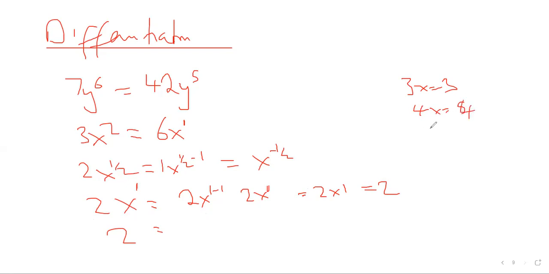And so on. 10x is 10. 1x, people really become confused, is 1. When we write x it is simply 1 because there's an invisible one there. So this is how the derivatives are supposed to be treated. So if you're dealing with a constant, 2, any constant becomes what?